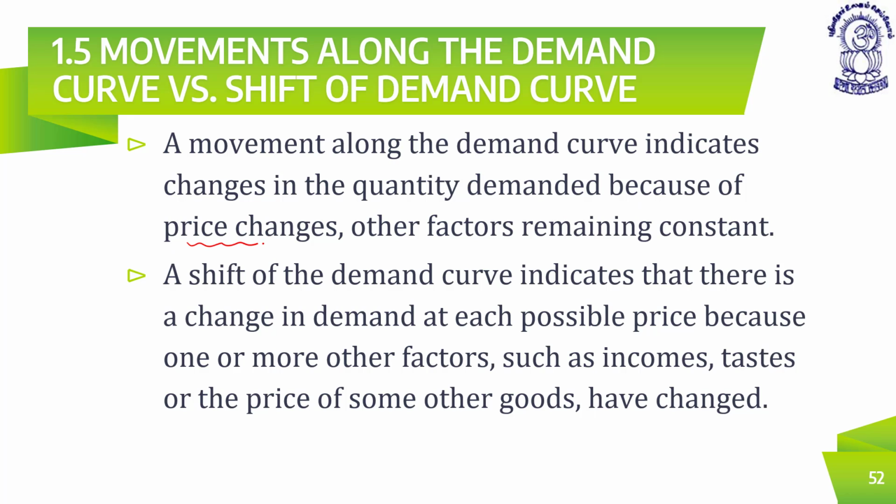Because of price changes, other factors remaining constant. A shift in the demand curve indicates that there is a change in the demand at a possible price, because one or more other factors such as incomes, taste and preferences, or price of some other goods, say related goods, have changed.